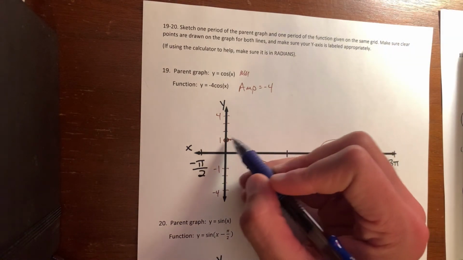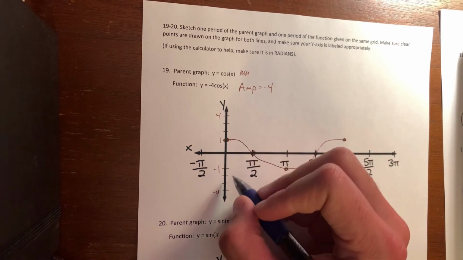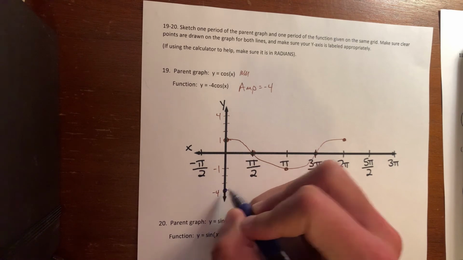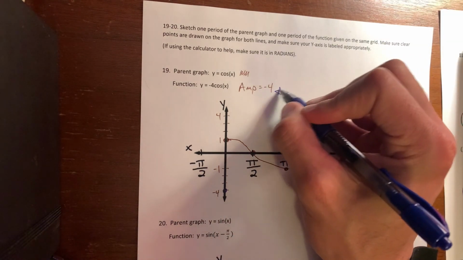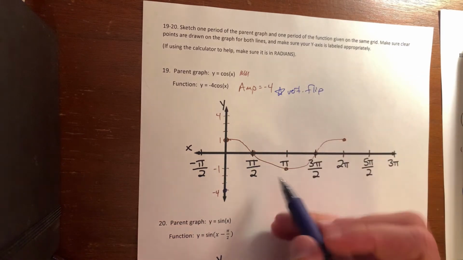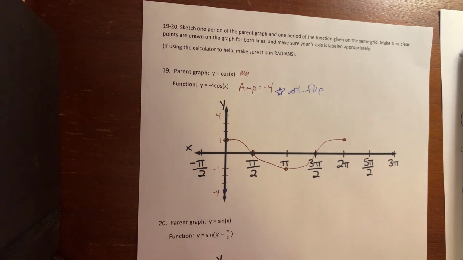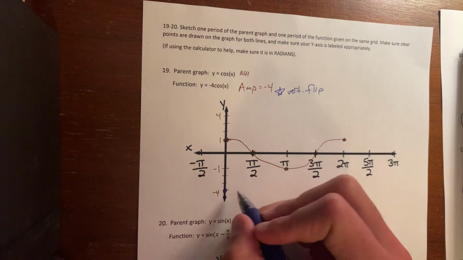So 2 things from this: instead of being at 1, this would be at 4, but it's also going to be moving down to -4, because this negative out in front denotes a vertical flip. Instead of being a smiley face type thing, it's going to be a big frowny face. That's how that looks.